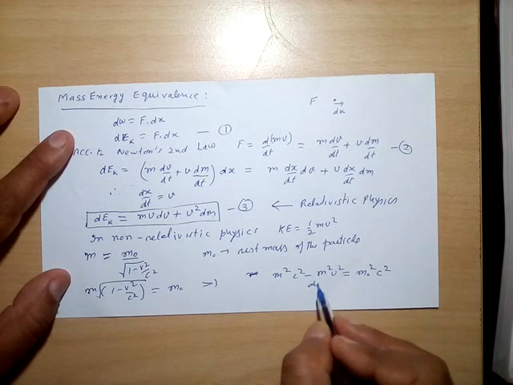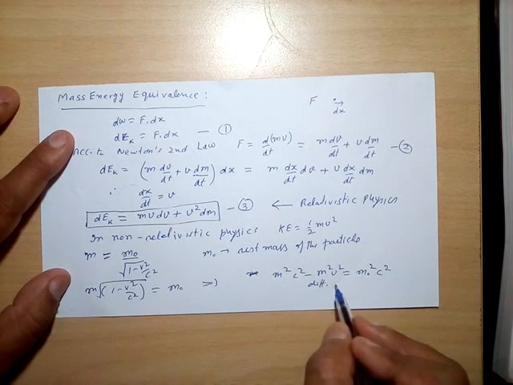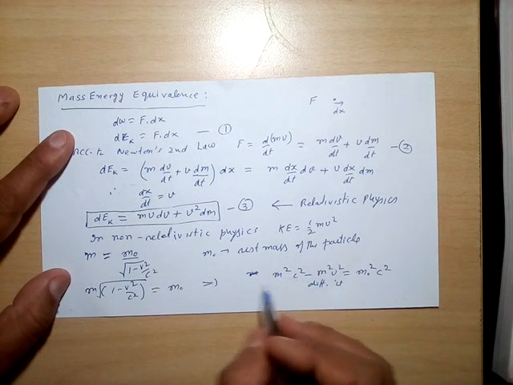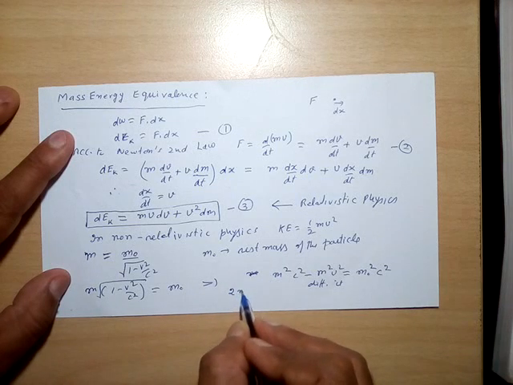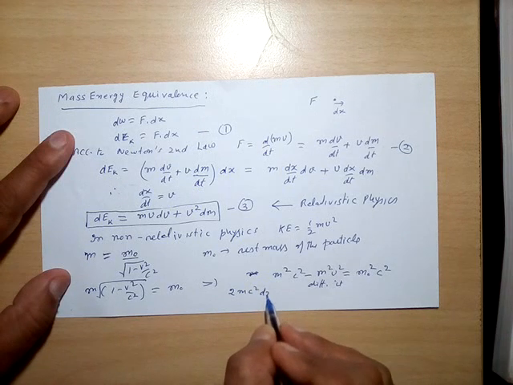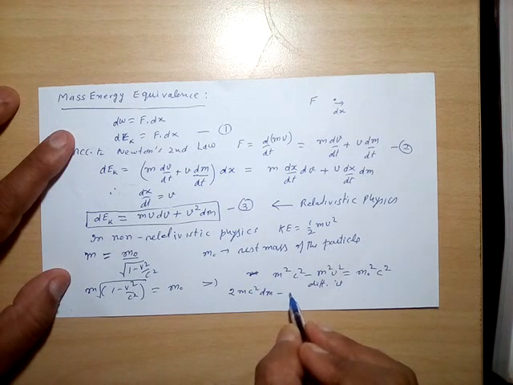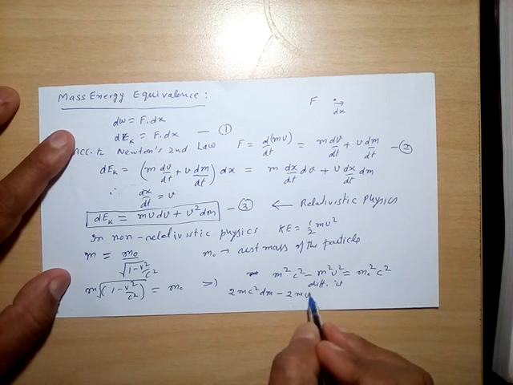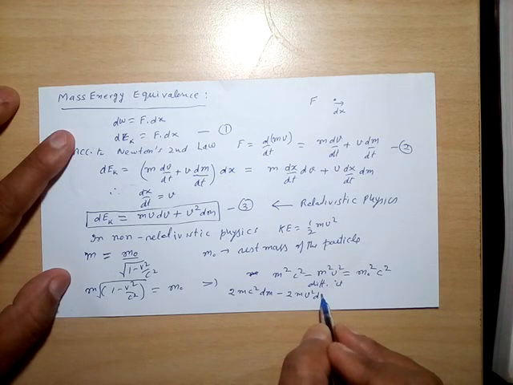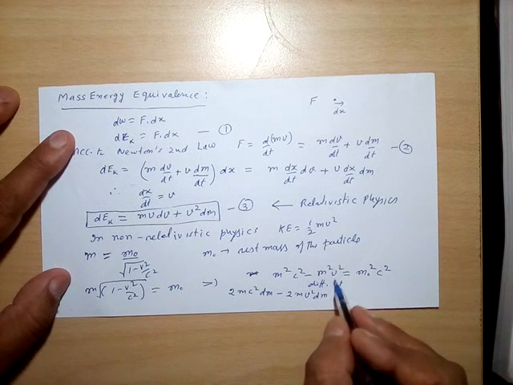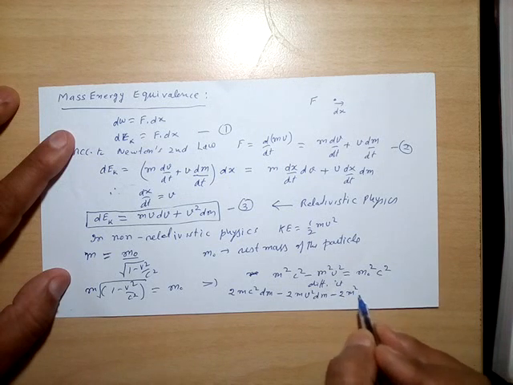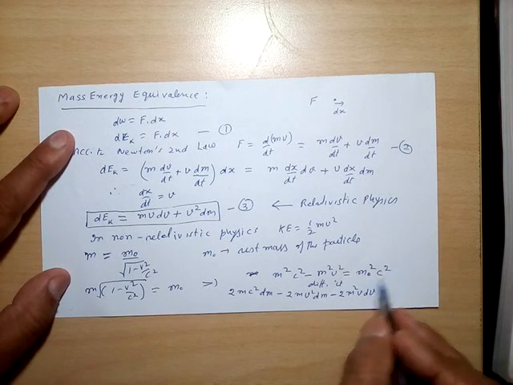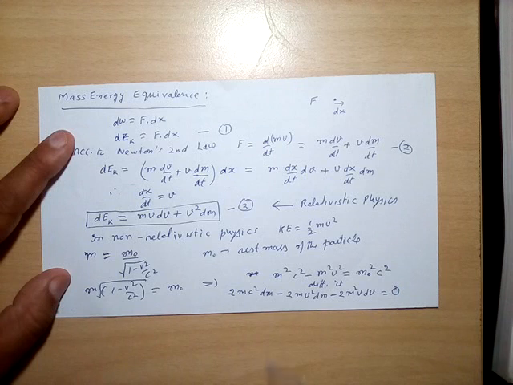On differentiating this expression, I will write 2m c square into dm, minus 2m v square into dm, and now differentiating with respect to v, minus 2m square v into dv. Here m naught, the rest mass, and c are both constants, and their differentiation comes out to 0.